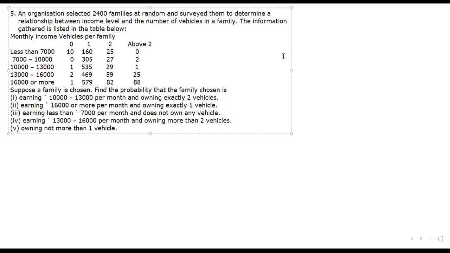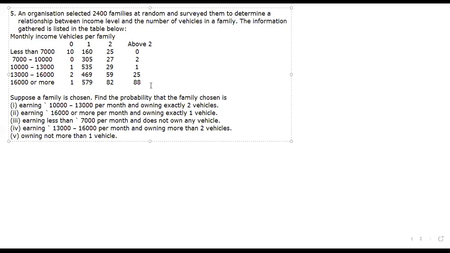Earning 16,000 or more and owning exactly 1 vehicle. 579 upon 2,400. Correct. Very good. Next.